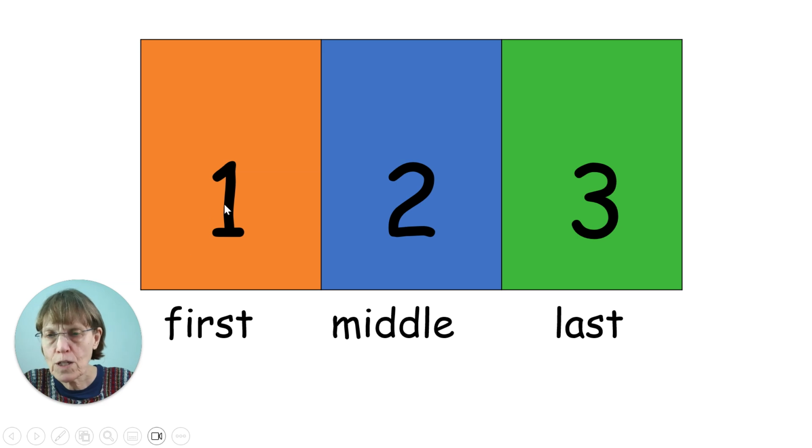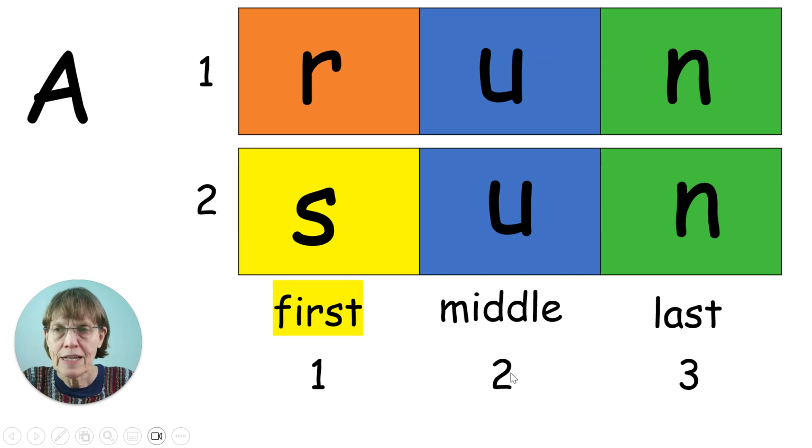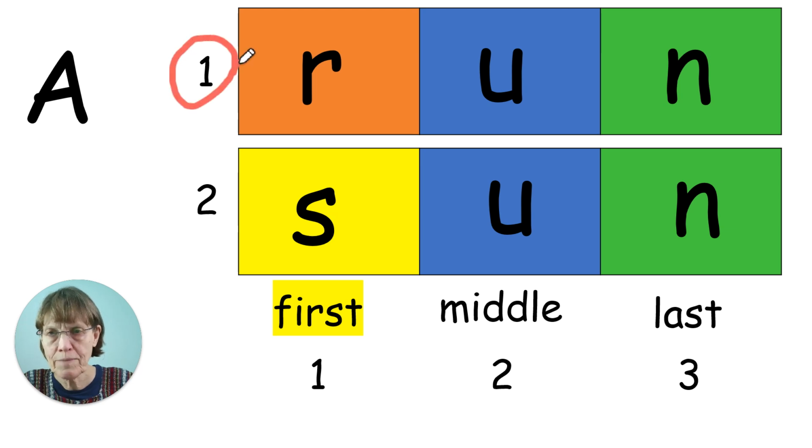So the first sound is number 1, first. Number 2 is the middle sound. And number 3 is the last sound. So in change A, the first word, the number 1 word, is run. It has 3 sounds.